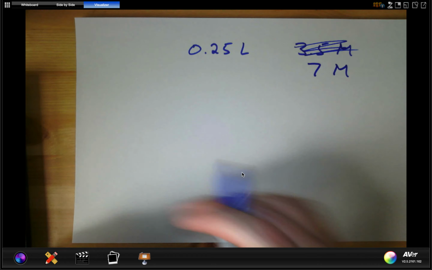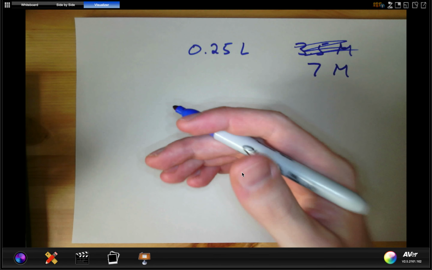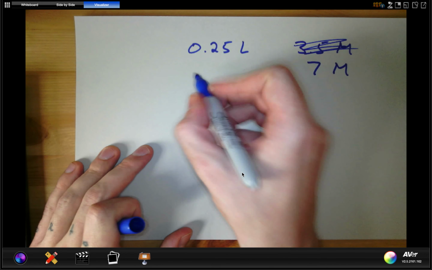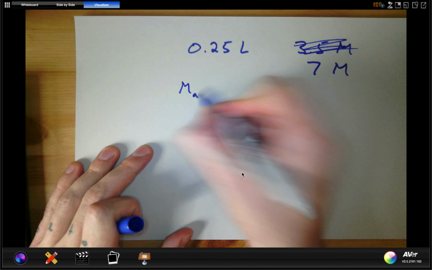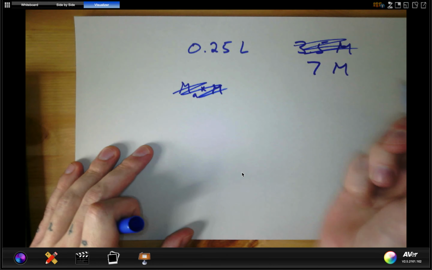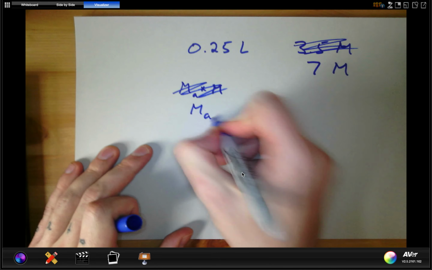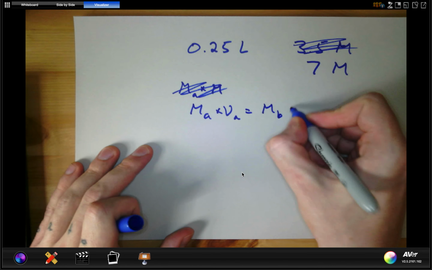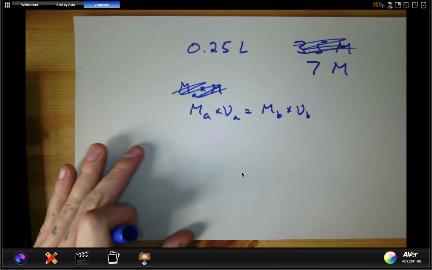So it's asking for a solution of a base that would neutralize this, right? So if we have our equation here, molarity of the acid times the volume of the acid is equal to molarity of the base times the volume of the base at neutralization.